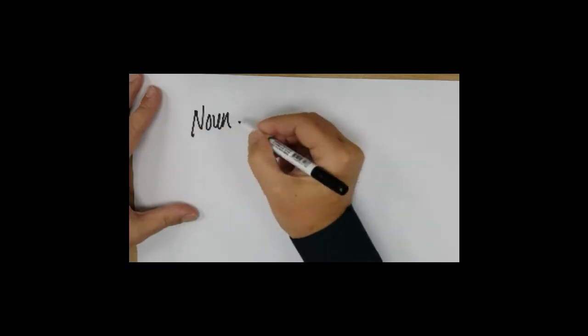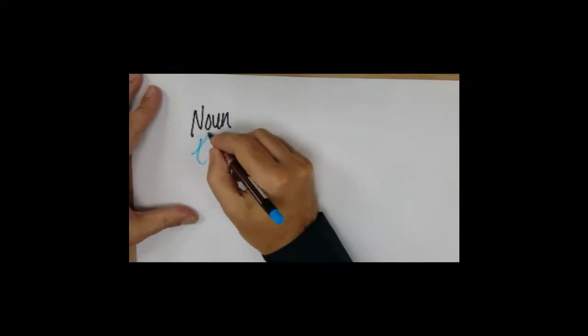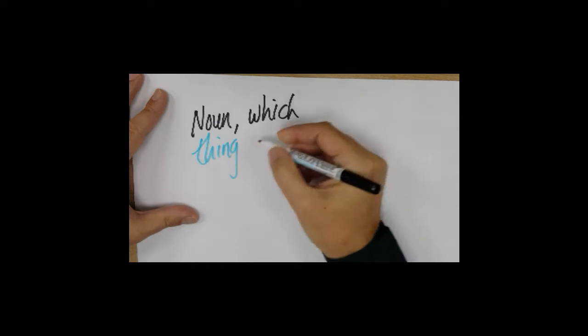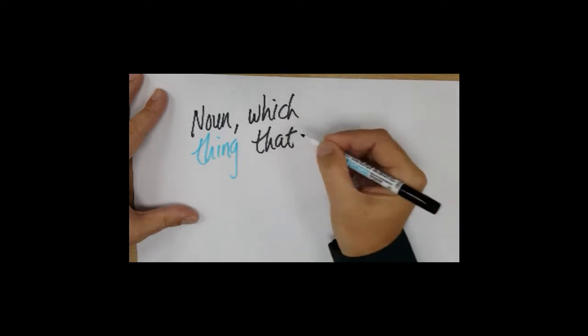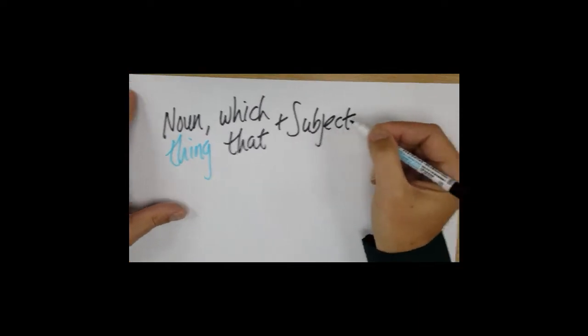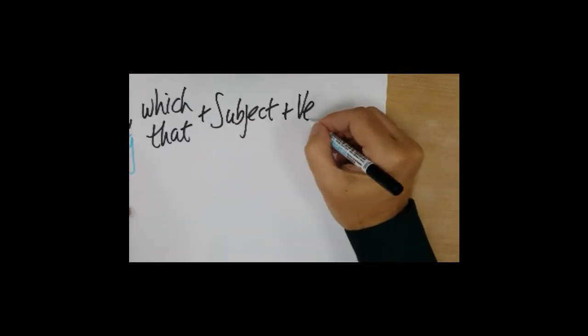If the noun is a thing, then we use which or that plus the subject plus the verb.